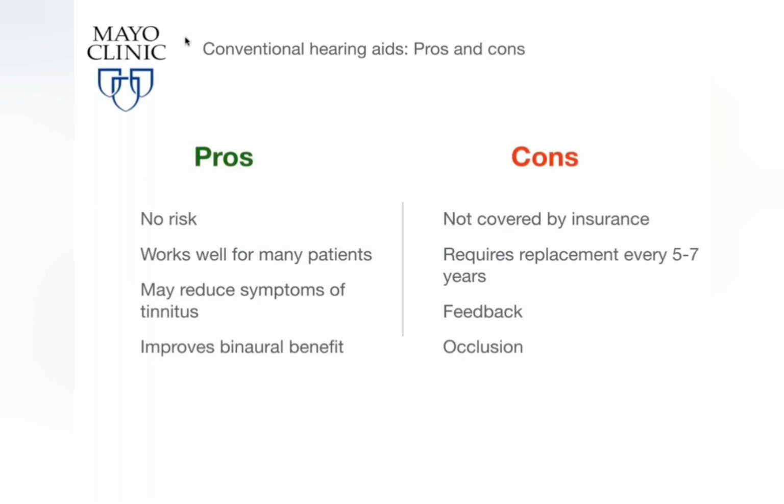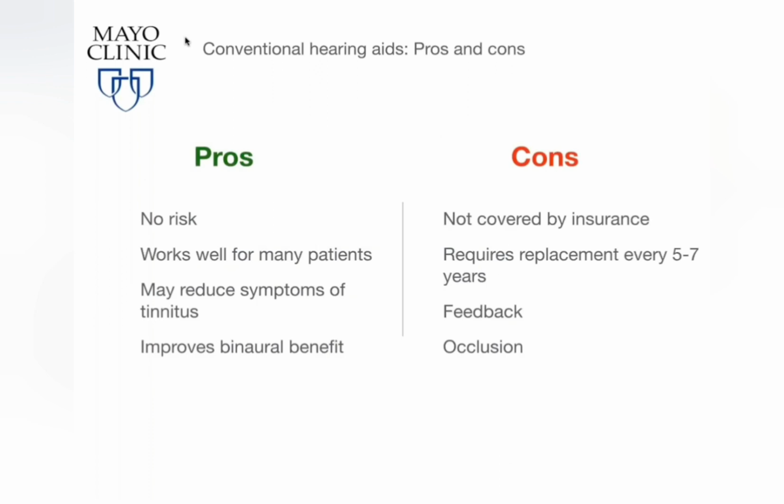The conventional hearing aids help in magnification and there is no operative risk involved in it. However, it has feedback mechanism. Feedback is basically, when the sound passes through a narrow pathway, it gives some musical sound. So that high pitched sound will be produced. And occlusive effect is when you put something in the ear canal, it gives a sense of occlusion.